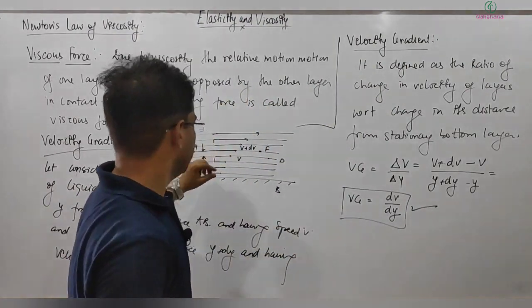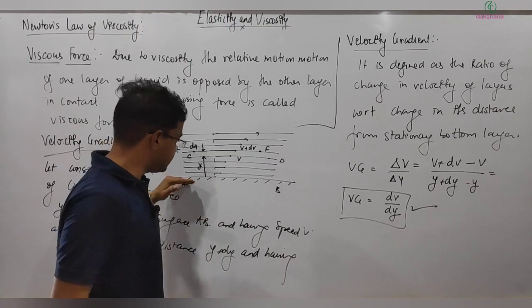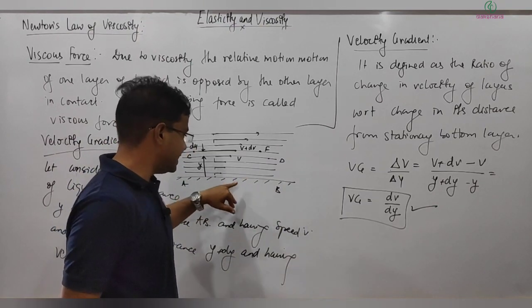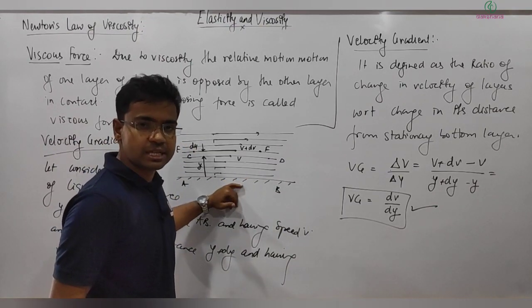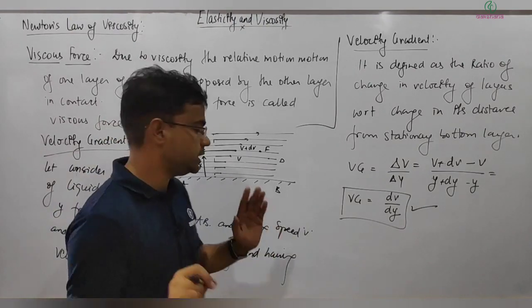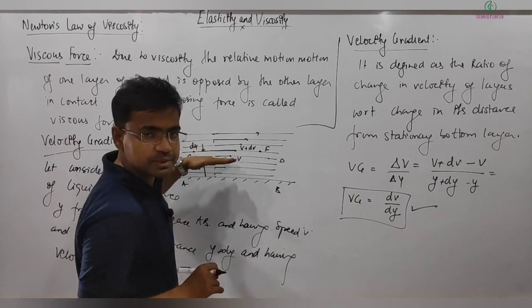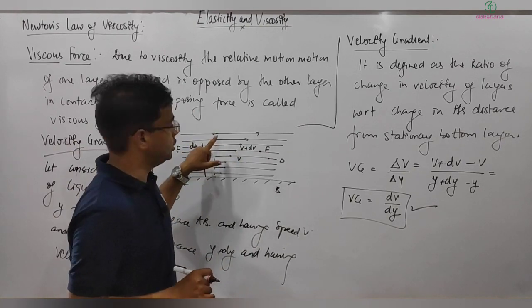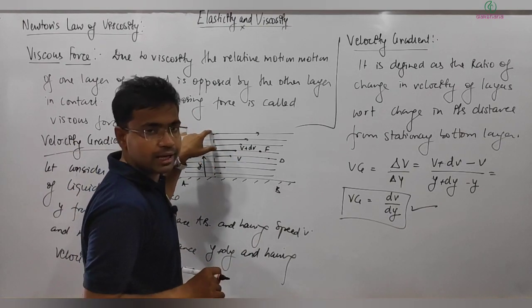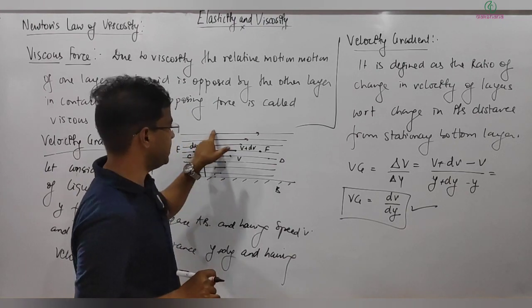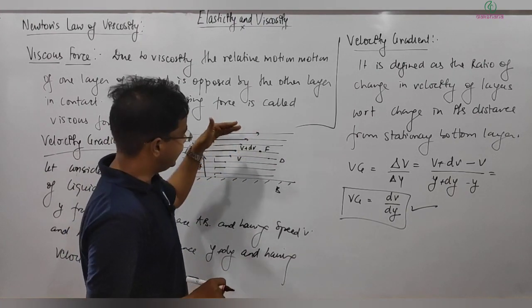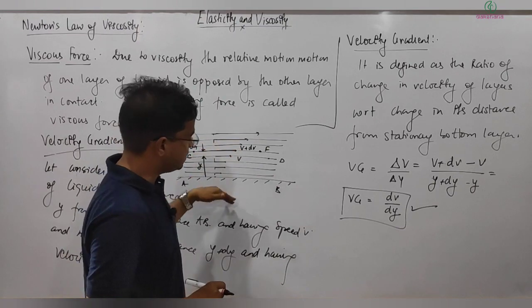It's a simple thing. If this is the fixed bottom surface, the liquid layer in contact with it will have almost zero velocity. As you go up, the layers will have some velocity that keeps increasing. The layer at the highest distance from the fixed surface will have the largest velocity, and the next lower layers will have smaller and smaller velocity.